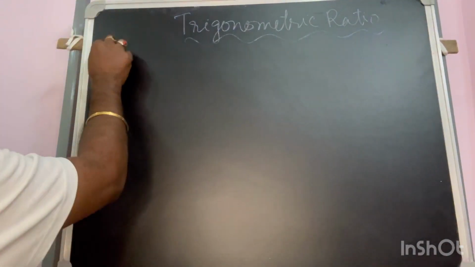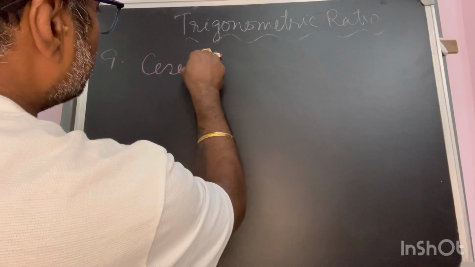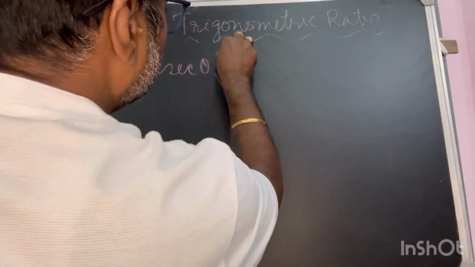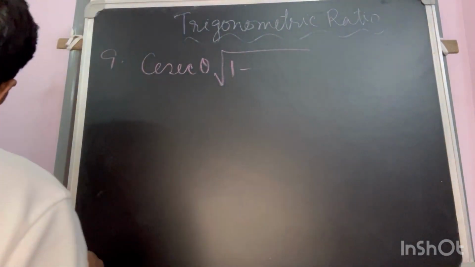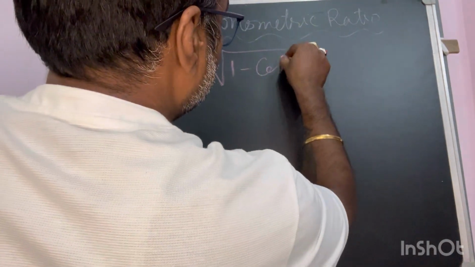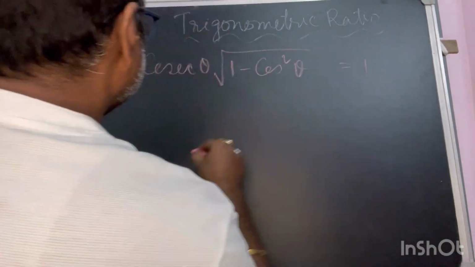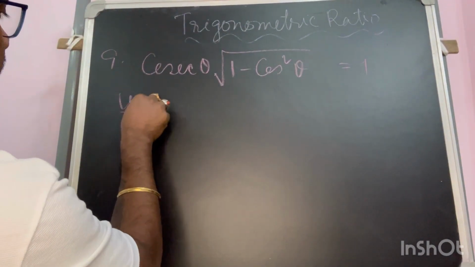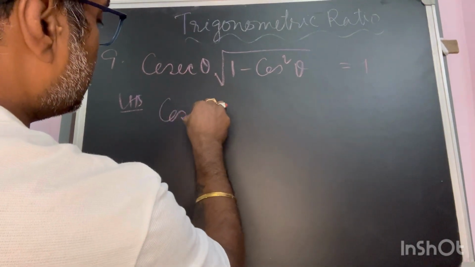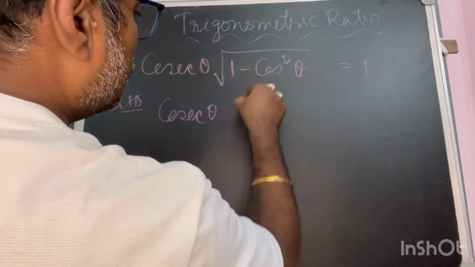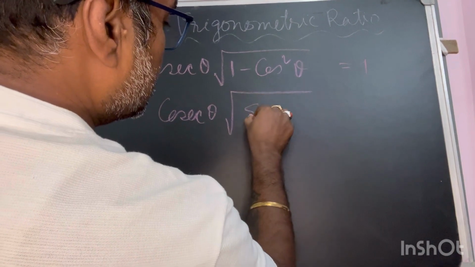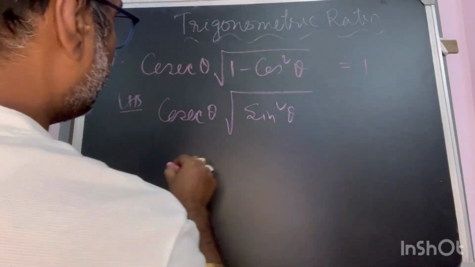Moving to problem 9. Cosec theta into under root of 1 minus cos square theta is equal to 1. Okay, left hand side, cosec theta into under root of 1 minus cos square theta, that is sin square theta.